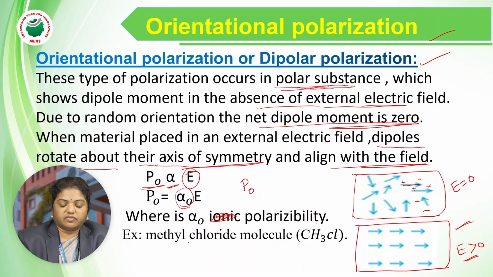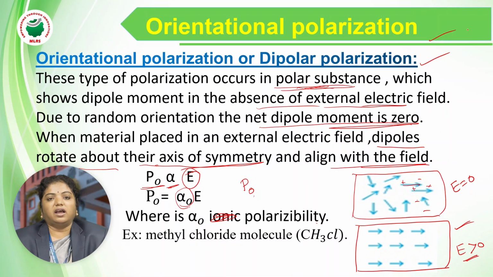Alpha O is called the orientational polarizability. Examples of this polarization are methyl chloride molecules. They already have polar dipoles existing. Whenever we apply the electric field, all are oriented along the field direction. This type of polarization is called orientational polarization.